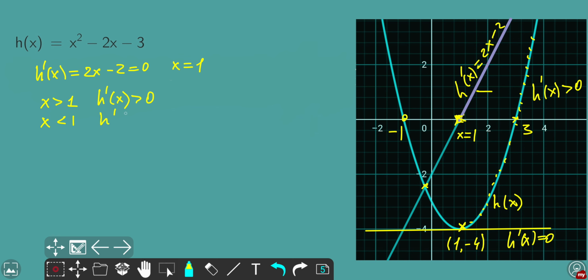Obviously h prime goes below the x-axis, and that means that at any point on this part of the branch, the gradient should be negative, right? If you just plot the gradient, for example at that point, yes, it's definitely going to be negative. It will have a negative slope.